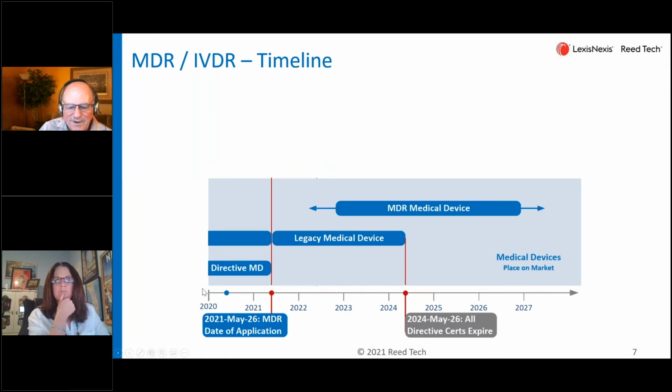If you can still hear me, I'm going to jump in and cover this particular slide, then we'll see if we can reconnect. As John mentioned, there are three buckets. If we put them into a little timeline, those directive medical devices that you elect not to put on the market after the date of application would stop as of May 26th.